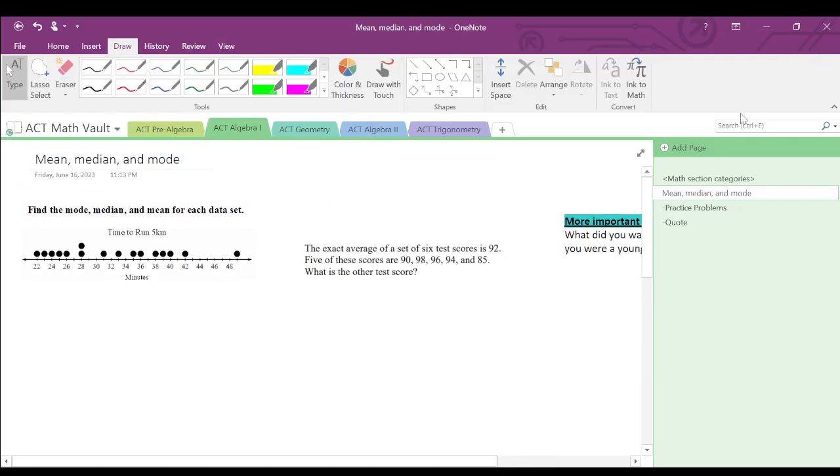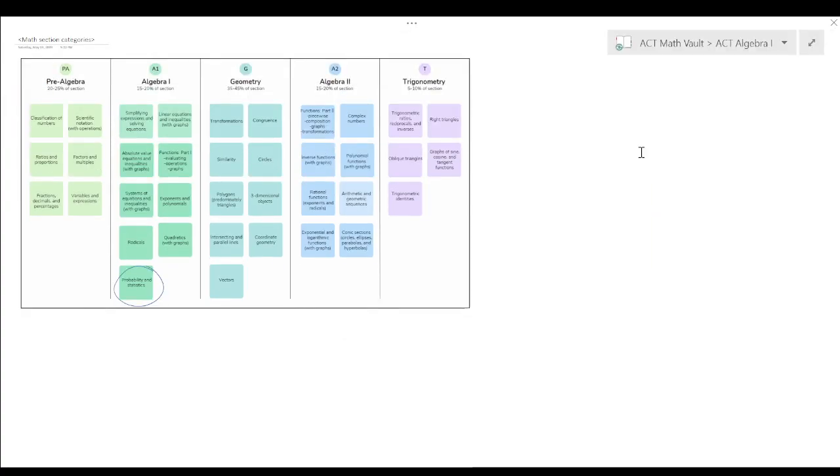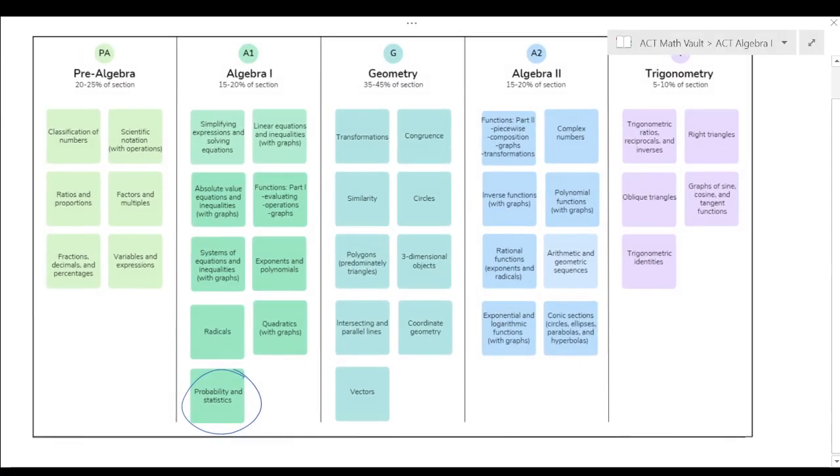Okay, so math section. Algebra 1, let's call probability and stats under Algebra 1, even though it's really its own entity. A lot of times you will learn these concepts in an Algebra 1 class. They are always on there. Always, always.